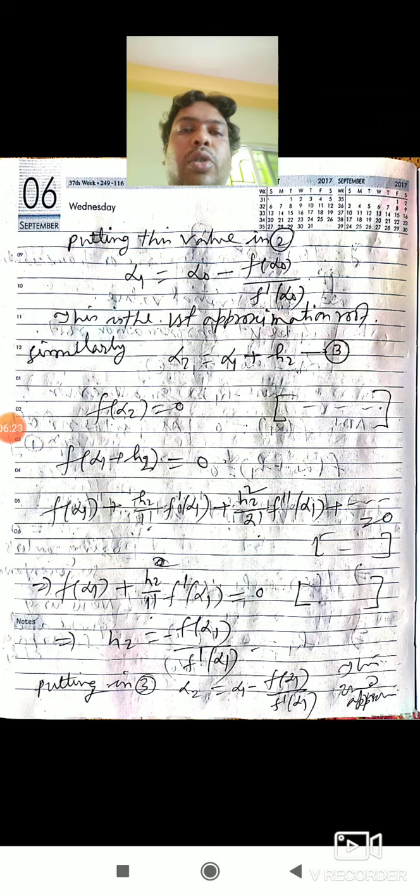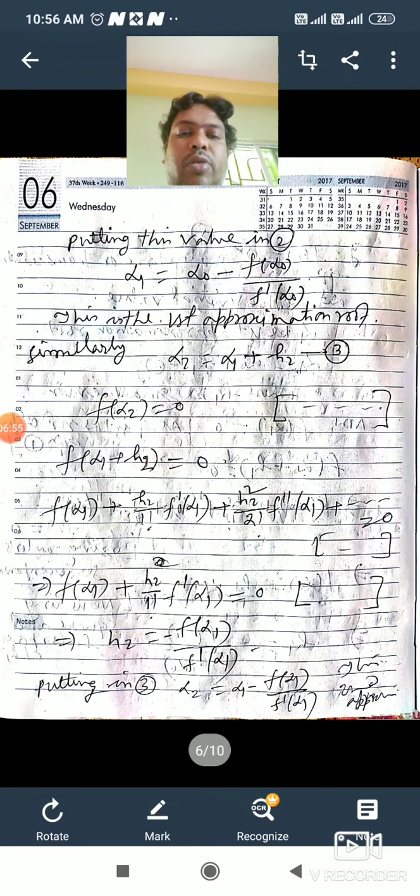Similarly, α2 = α1 + h2. Now f(α2) = 0, as α2 is the root of equation 1. So f(α1 + h2) = 0. In a similar way, by Taylor series expansion, f(α1) + (h2/1!) f'(α1) + (h2²/2!) f''(α1) + ... = 0. Neglecting h2 square and higher powers, f(α1) + h2 f'(α1) = 0.